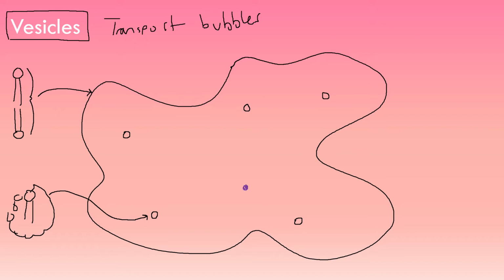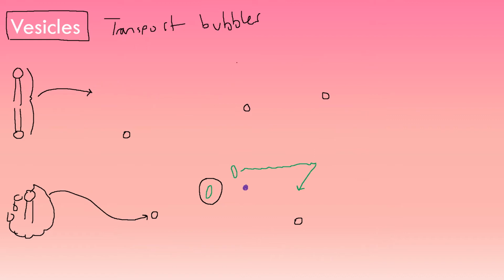Here's a ribosome, and if it created a protein, let's say this protein here, and if this protein was dragged to the cell membrane, because it's large and insoluble, it wouldn't be able to exit the cell. But if we put a vesicle around it, that's a large vesicle, but it's a vesicle nonetheless, then it can exit the cell.